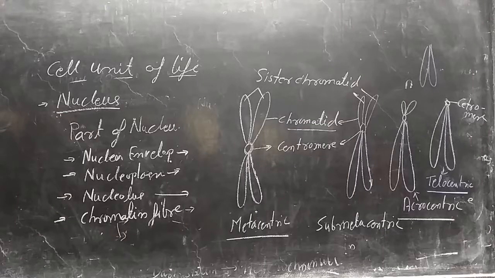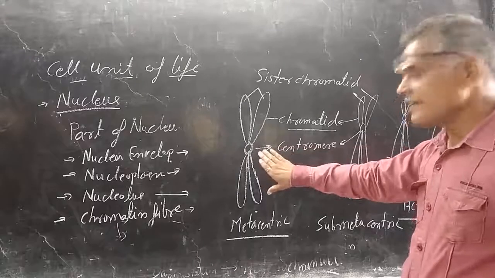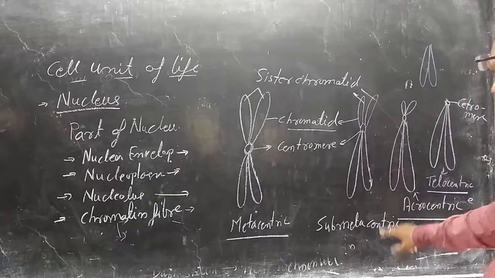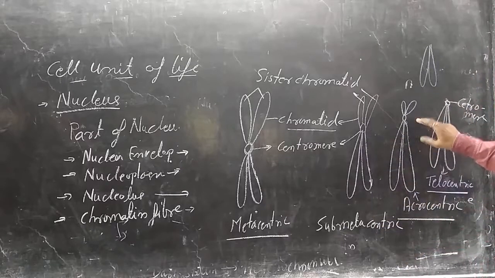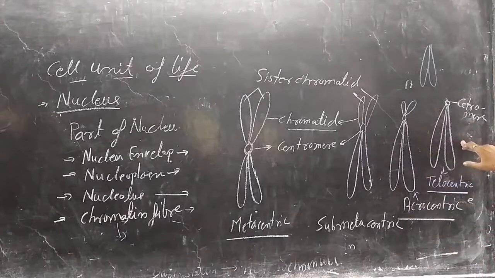So according to the centromere: metacentric, when the centromere is at the center; submetacentric, just away from the center; acrocentric, more away from the center, with one branch very short and the other very long; and telocentric, where only one branch is there.